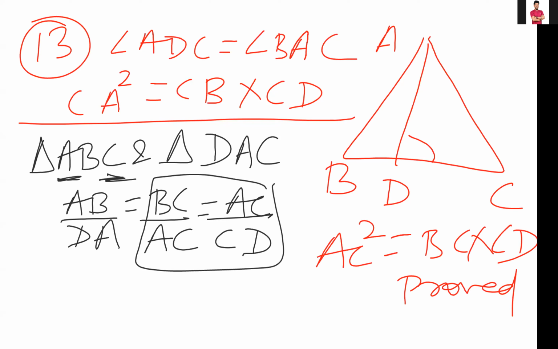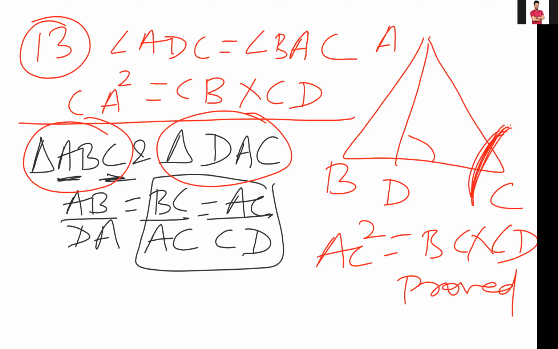Sir, will you please explain it again? Okay. See, triangle ABC and triangle DAC both are similar. How come both are similar? See, C is common to both, right? And D is equal to A. So by AA test, both are similar. Yes, sir. Now, if two triangles are similar, their sides are proportional.